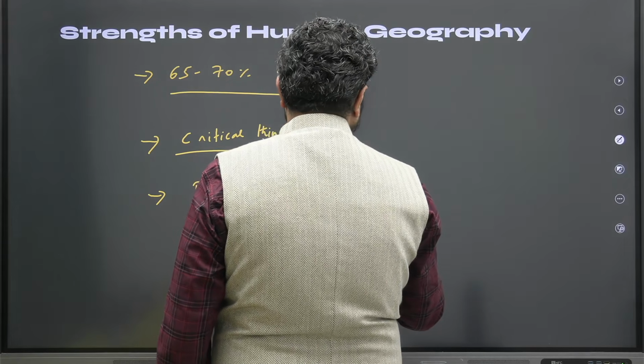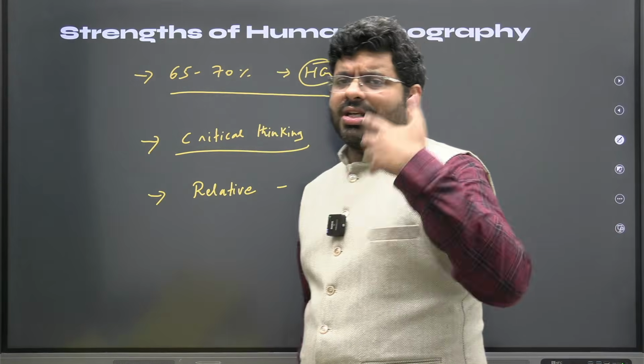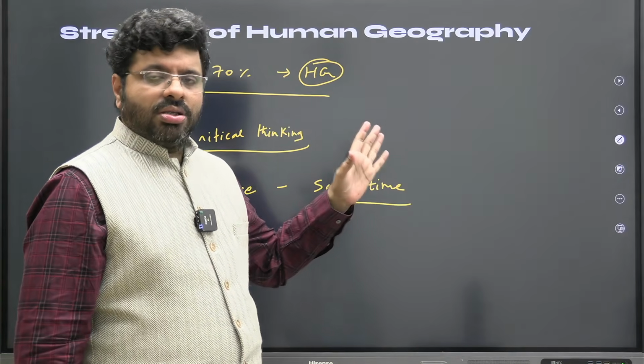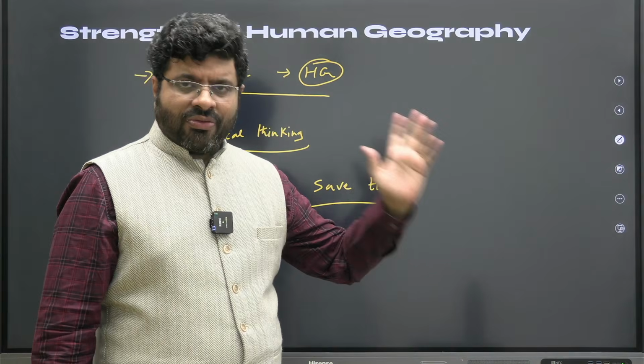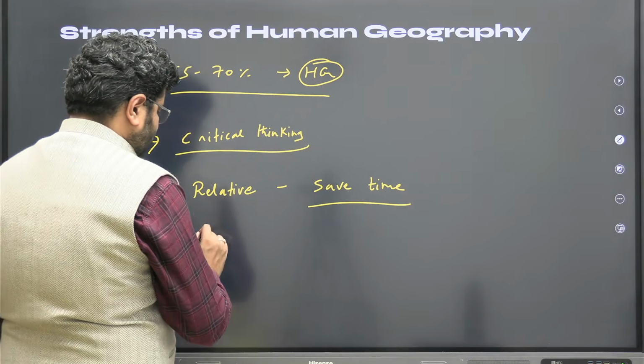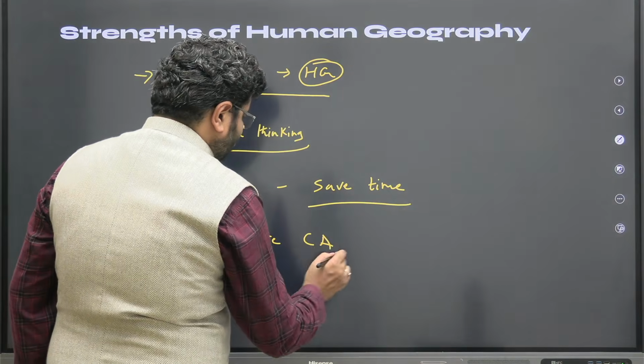Relatively, you can save time compared to the physical geography of geomorphology, climatology, oceanography, and all. So definitely, these are the three aspects. Of course, there are other advantages. You can integrate current affairs here like anything.